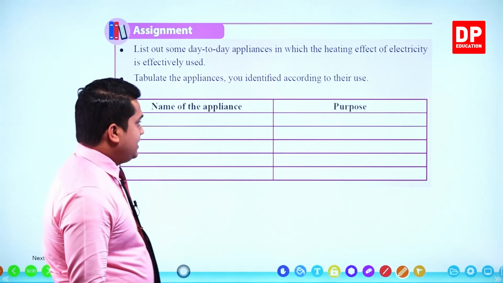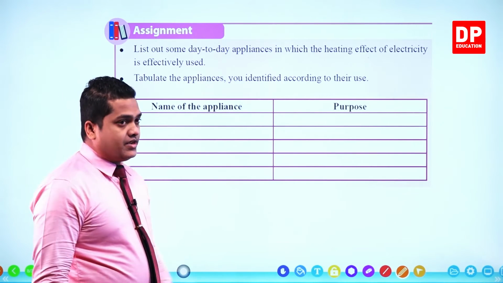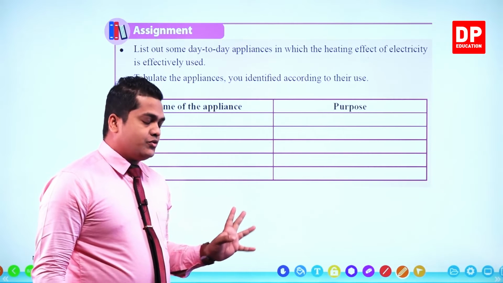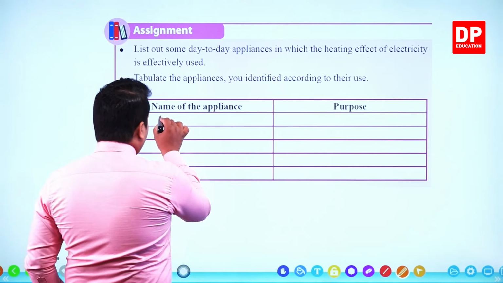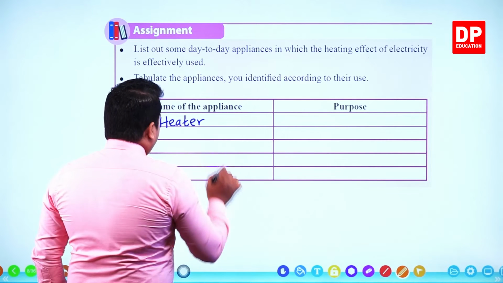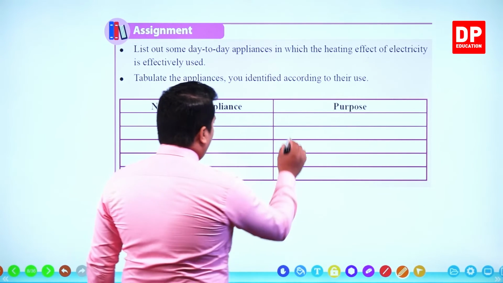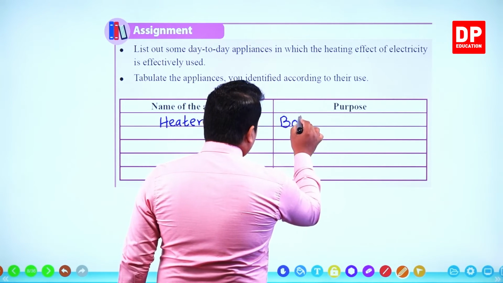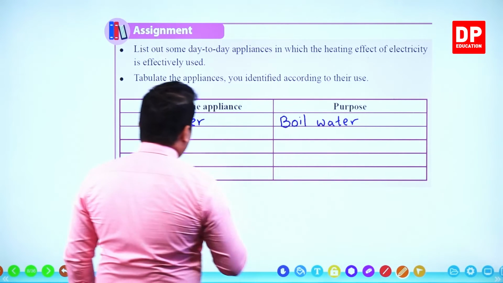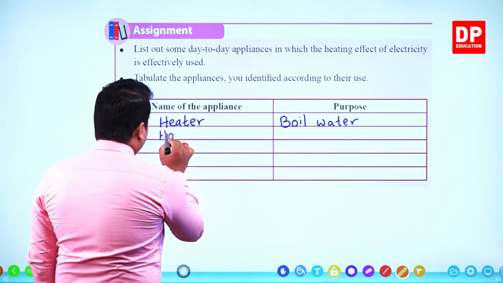Right then, so let's see the name of the appliance and the purpose. Let's see what these instruments are. You know heaters, right? Heater. We use a heater to boil water. Then a hot plate.